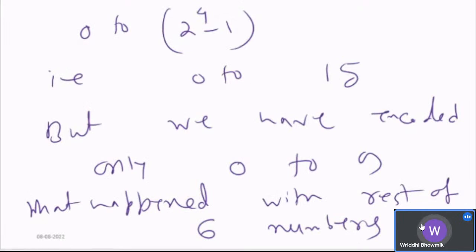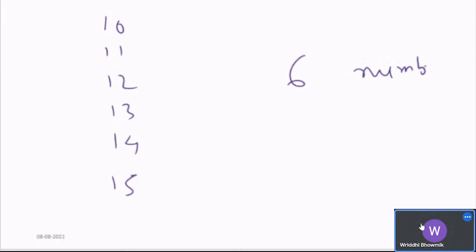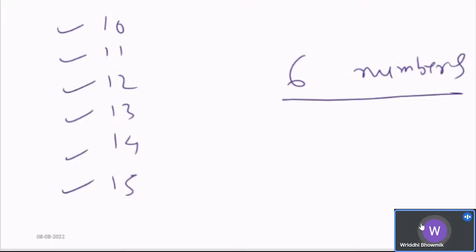But in case of binary coded decimal, we are actually encoding 0 to 9, but using 4 bits. So what about 10, 11, 12, 13, 14, 15? These 6 numbers. Because we are using 4 binary bits, we can encode till 15.